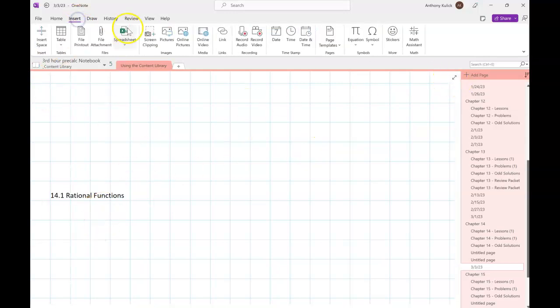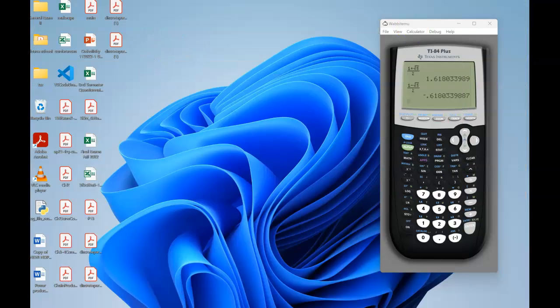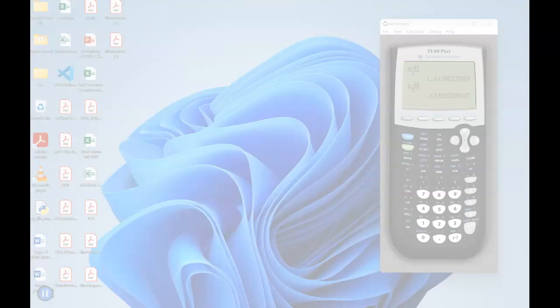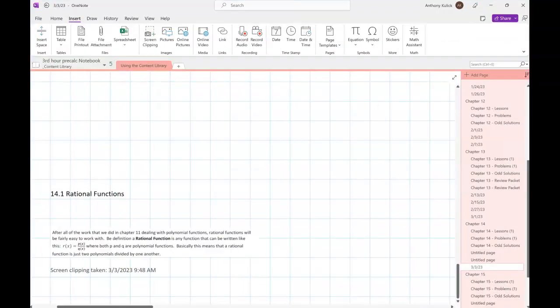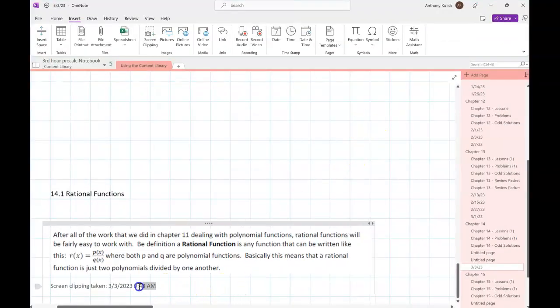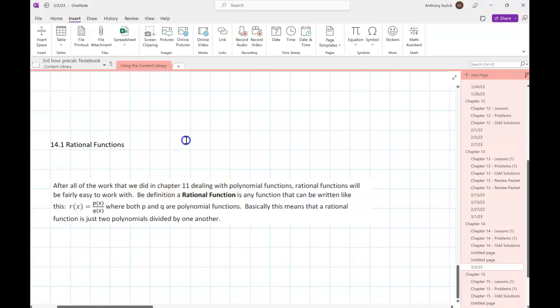So let's start by just defining what a rational function is. A rational function is just one polynomial divided by another polynomial. Okay? And we know what polynomials are.